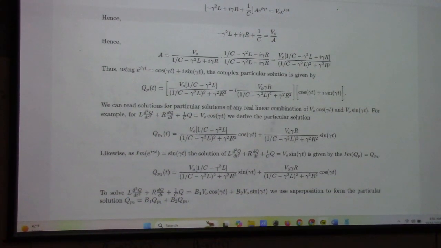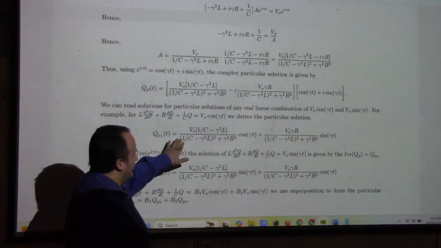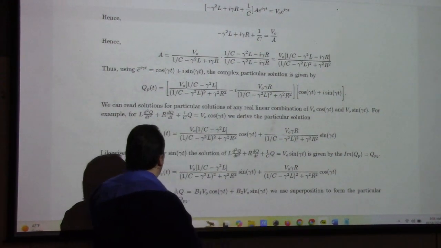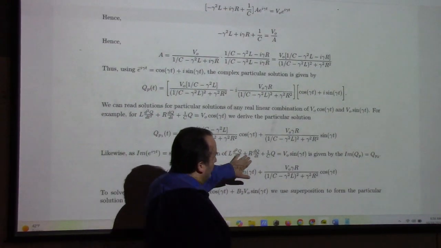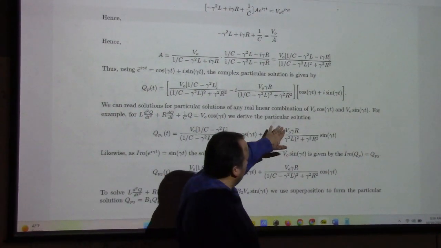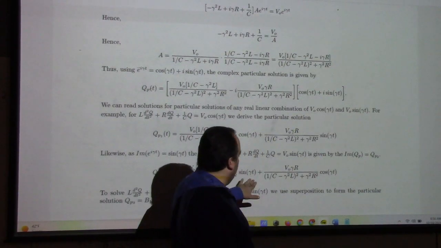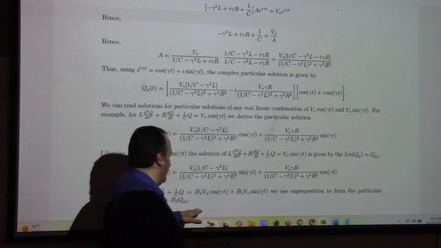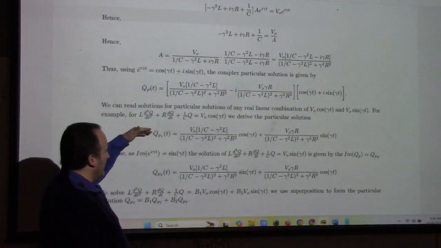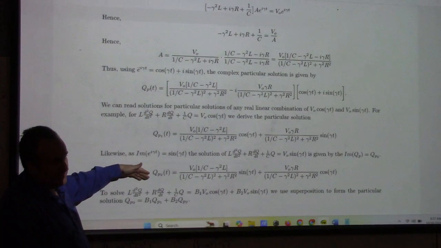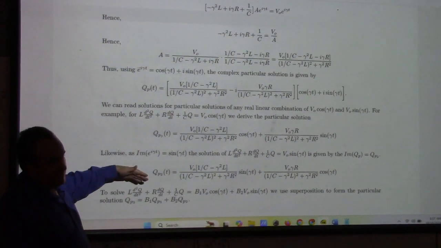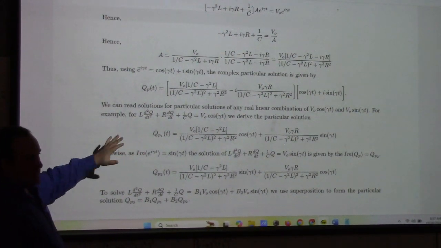So from this I get Q_P1, which is this, and Q_P2, which is that. Now Q_P1, if I plug it in, gives me the forcing function V naught cosine gamma t, whereas this one will give me V naught sine gamma t. So it's a twofer. If I do this calculation, I solve not just the cosine problem, but also the corresponding sine problem. Cosine from the real part, sine from the imaginary part, both at once.